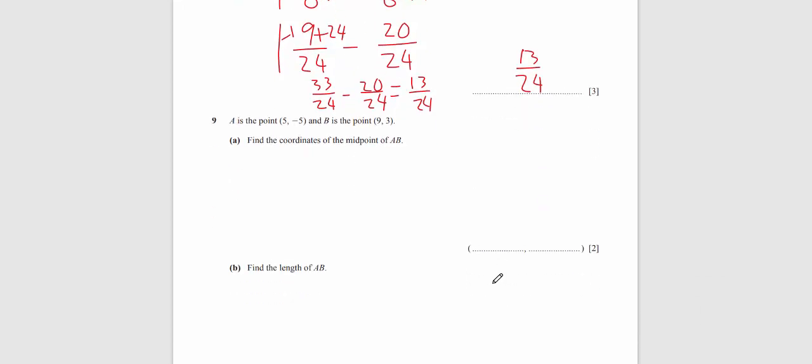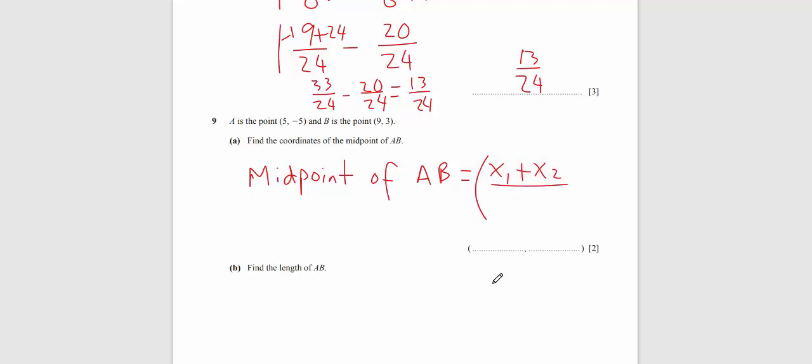And then let's look at number 9. A is the point at 5, negative 5, and B is the point at 9, 3. Find the coordinates of the midpoint. Okay, so to find the midpoint, you can add the coordinates, x1 plus x2 over 2, comma y1 plus y2 over 2.